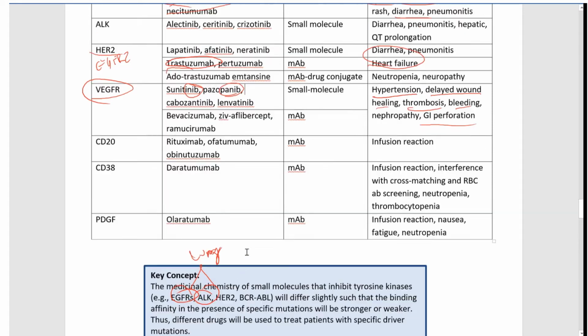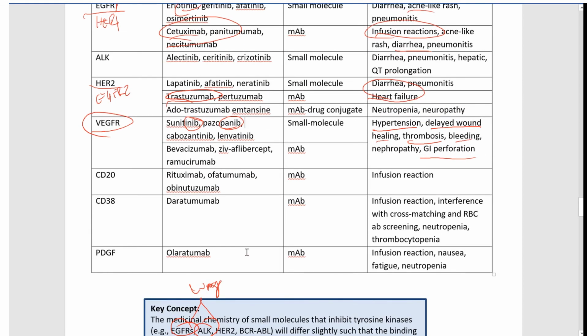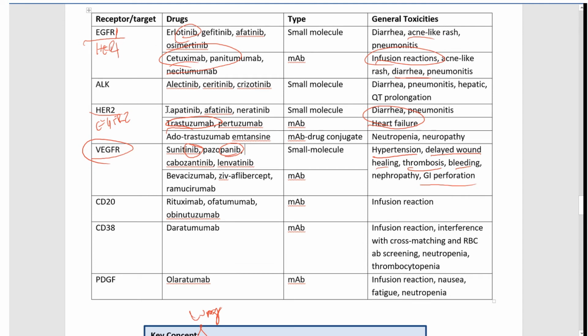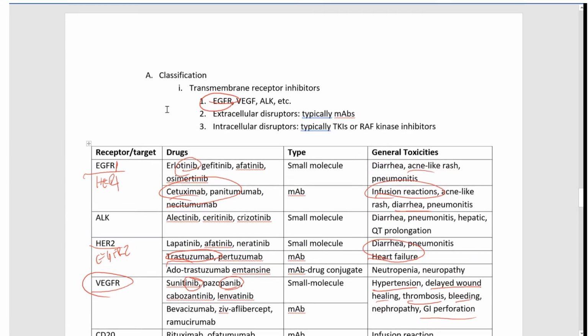We've identified many mutations within the EGFR protein.